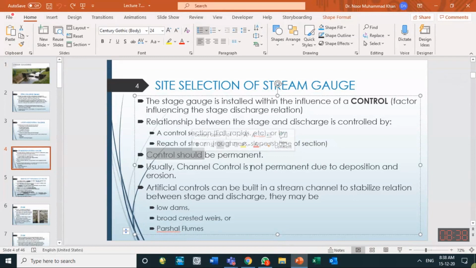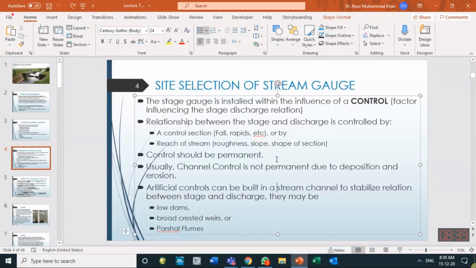What do we mean by control? Either it is a sectional control or a reach control, whatever it is, that should be permanent. And if you have selected a station where the reach is controlling the relationship, then that reach parameter should be constant. Roughness should not be changing from month to month.